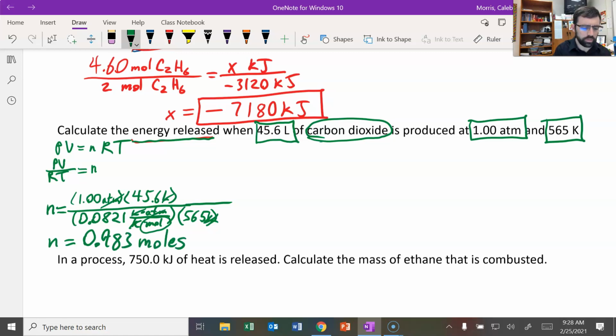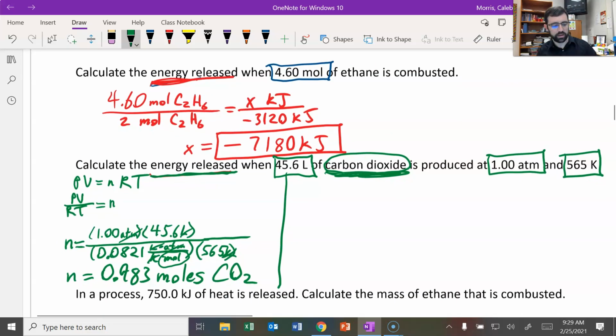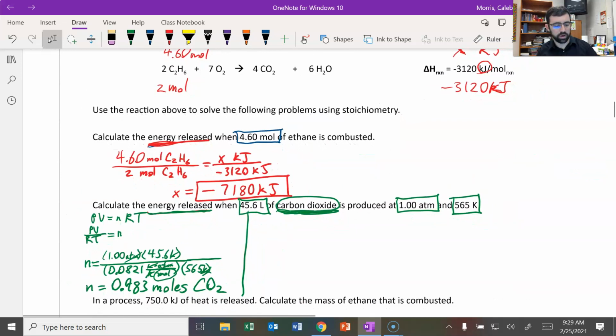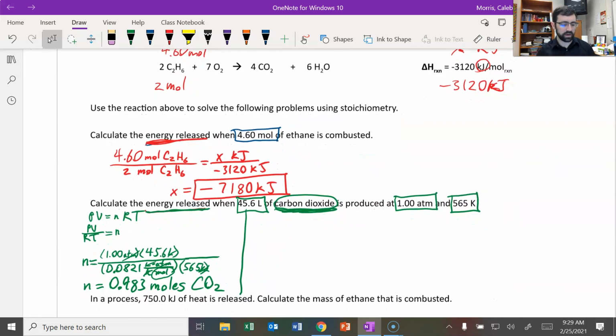It's important to know what it's moles of. Don't forget, this is moles of carbon dioxide. It's very important if we're doing stoichiometry to know what we're dealing with. I've got 0.983 moles of carbon dioxide, and I want to know the energy that's released. So let's go back to our equation. For every mole of reaction, I have 4 moles of carbon dioxide.